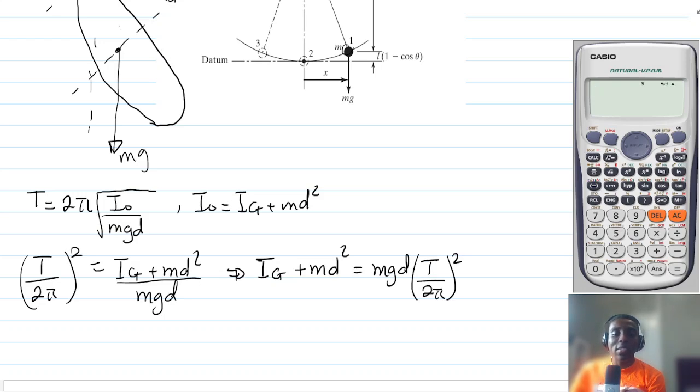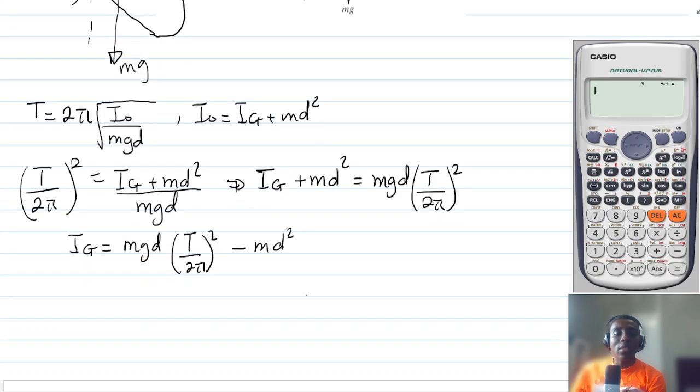Then you are going to subtract, so you say that Ig will be mg d T over 2 pi squared minus m d squared. So that is it.